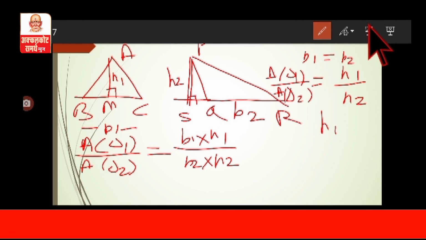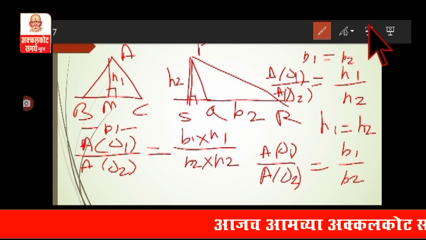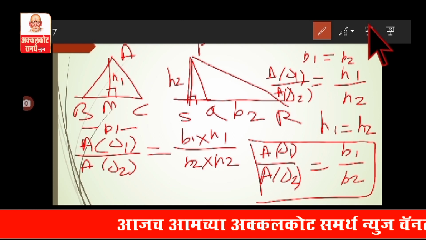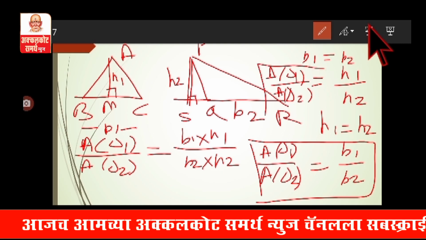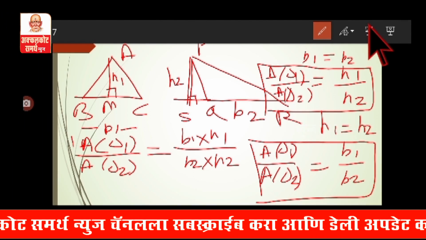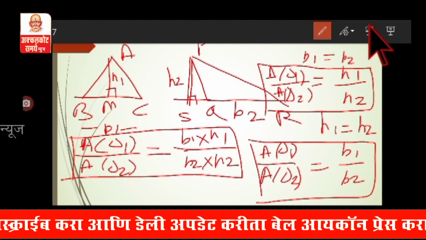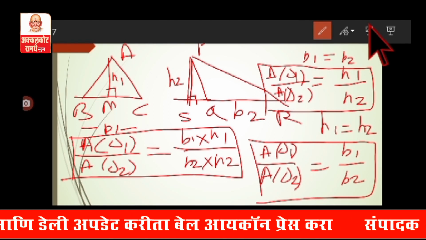And if the heights are equal, then it becomes B1 over B2. So the ratio of areas of any two triangles with a common height is equal to the ratio of their corresponding bases, and with a common base it is equal to the ratio of their corresponding heights, and if both are different, then it is equal to the ratio of the product of their corresponding heights and bases.